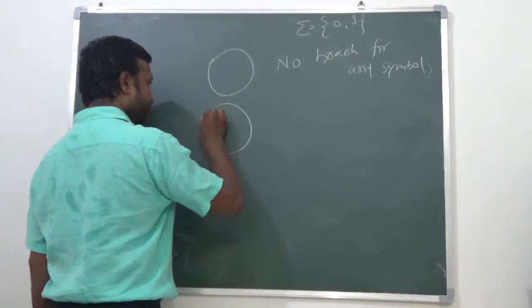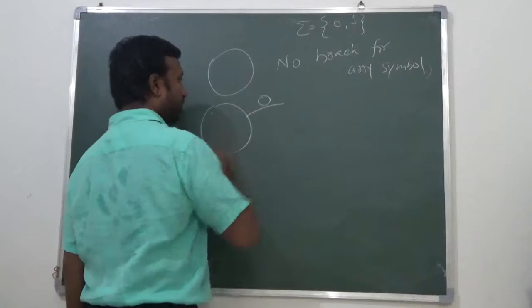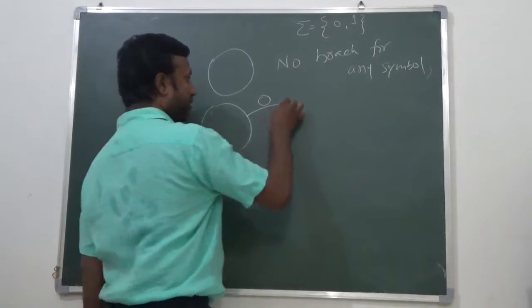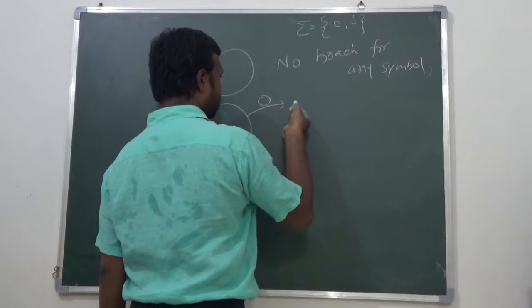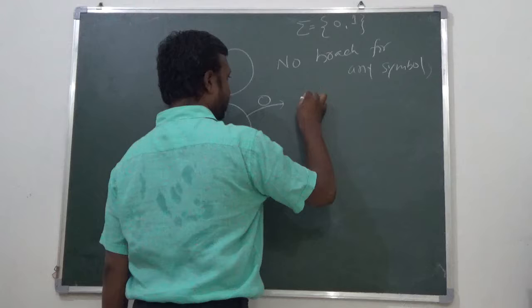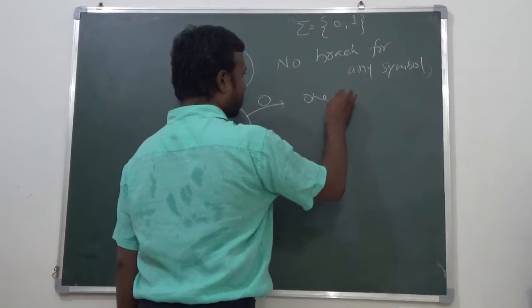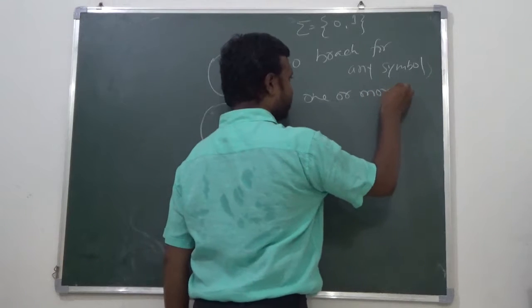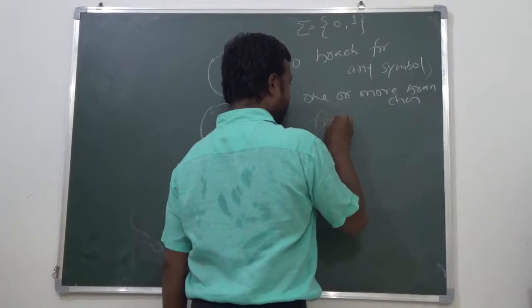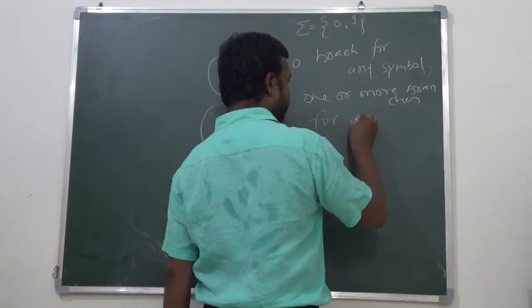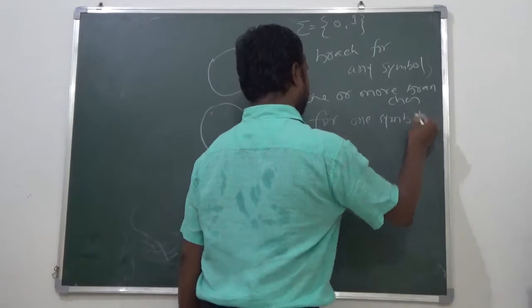There may be one branch, or possibly more branches, for one input symbol.